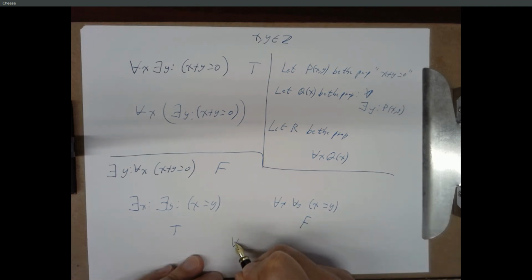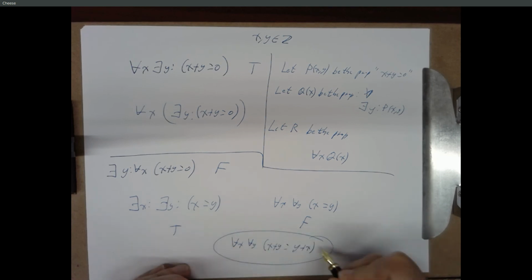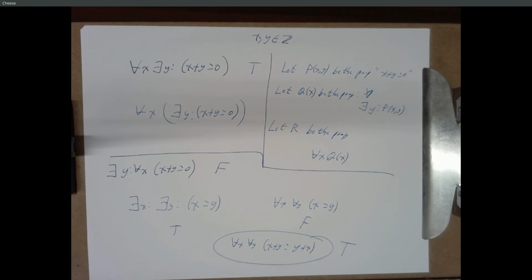But we could say for all x and for all y, x plus y equals y plus x. That's absolutely true. That's a statement of the principle of commutativity, saying that the order of integer addition does not matter. All right, questions on that?